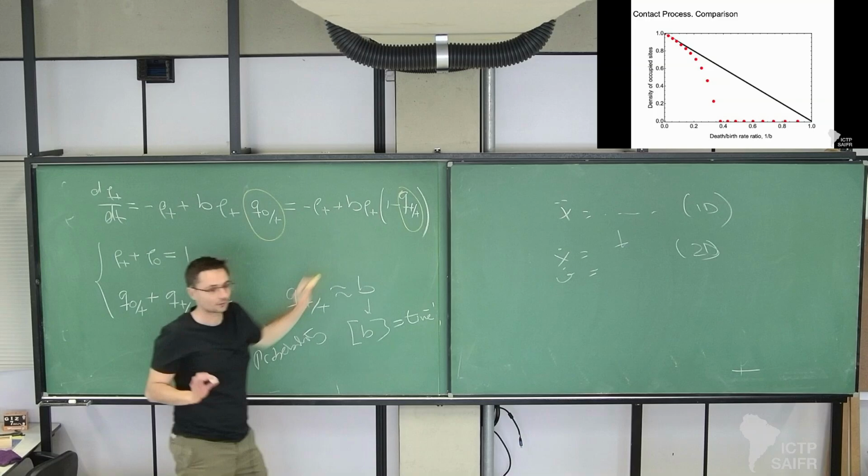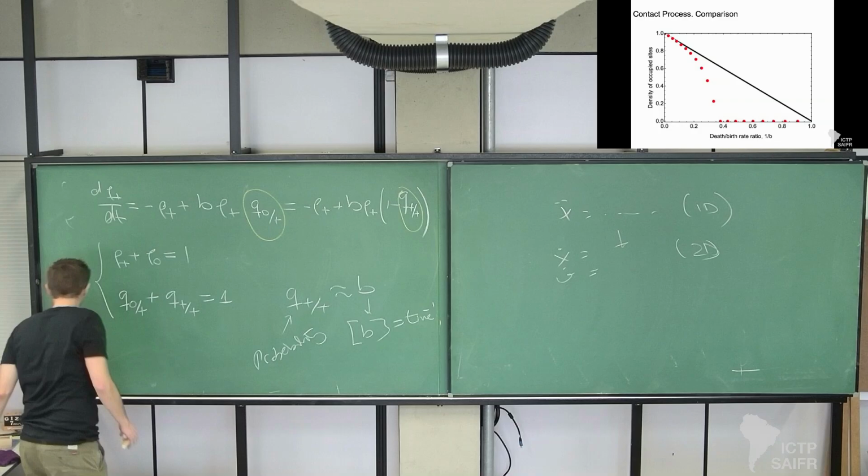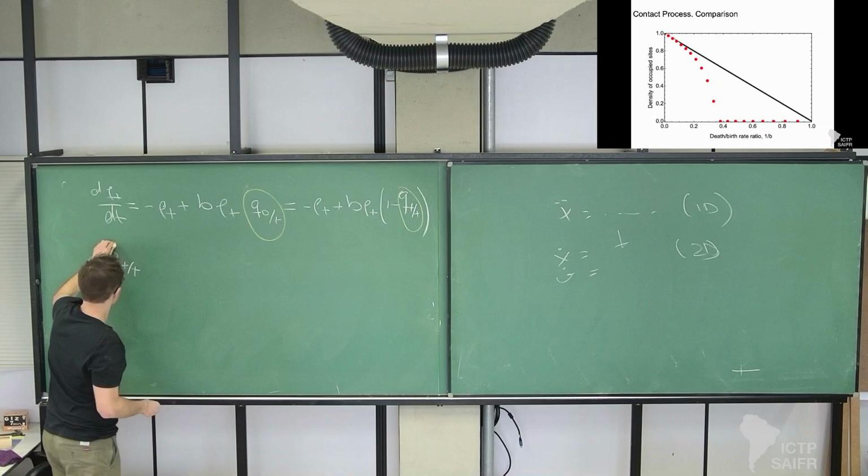In principle, I have a system and I can write my equation for Q plus plus, and if I am lucky, this only depends on rho plus and Q plus plus, and I solve them. And I get an idea of what you were saying, Laura. I know how Q plus plus changes with time.